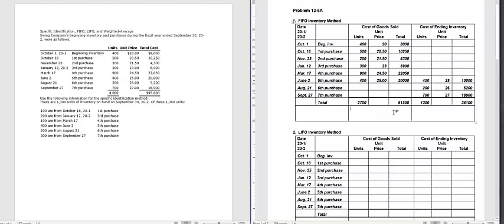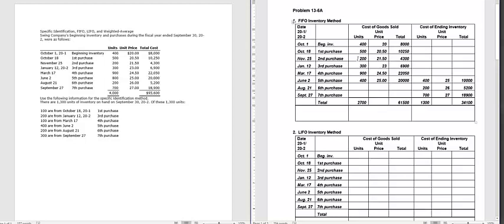If we take 61,500 and add 34,100, these two figures here, I get 95,600, so that was all the goods available for sale. So what we did was take all of our units and then we accounted for them. We either still have them or we sold them.